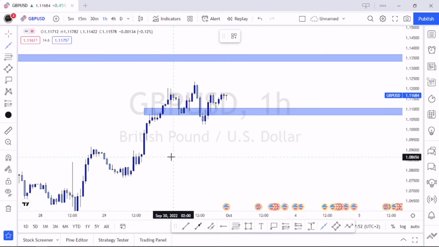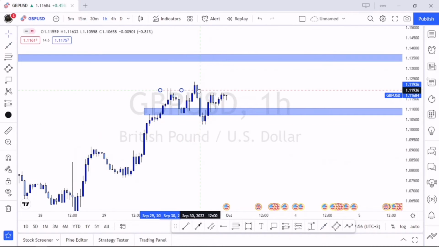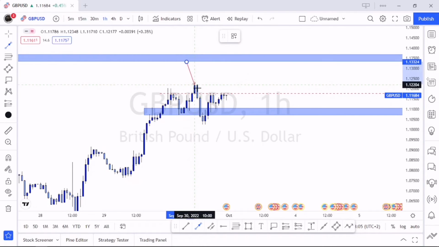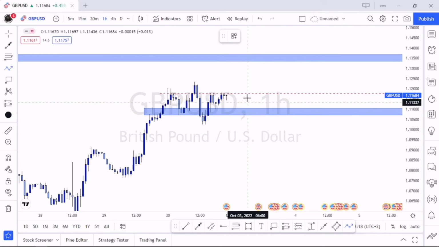Before I trade these buys, I'll want to see the market break above this level right here. Why am I using this level? Because this point in the market was a breakout and break back in, so it's invalid. It's like a pin bar or rejection, whatever you want to call it. So that's why I've been waiting for this break, that being a break, a retest, and a continuation back up.